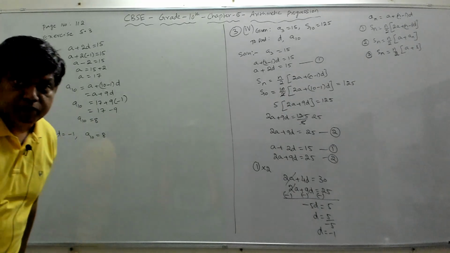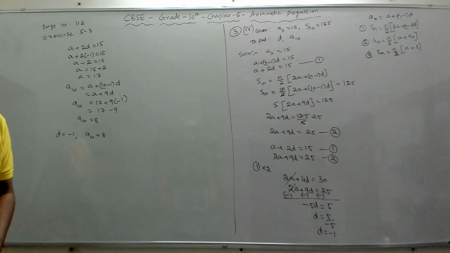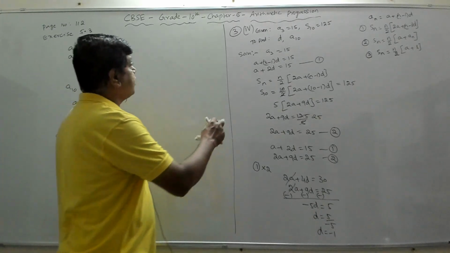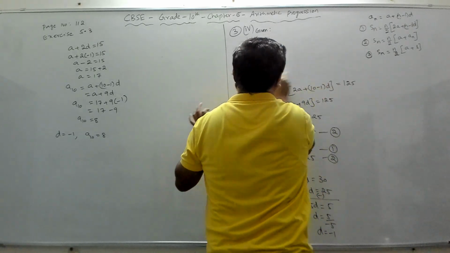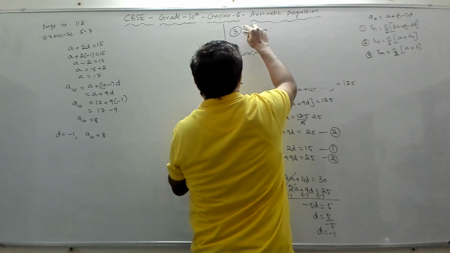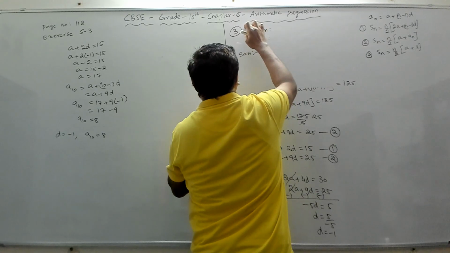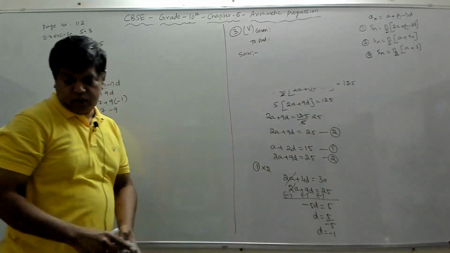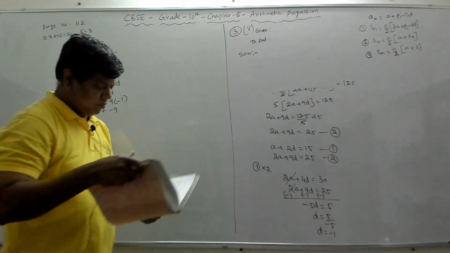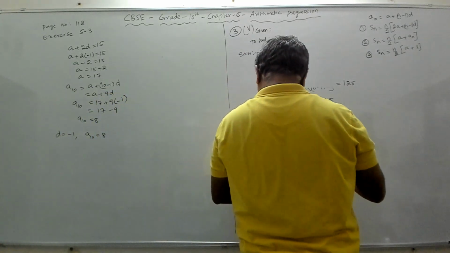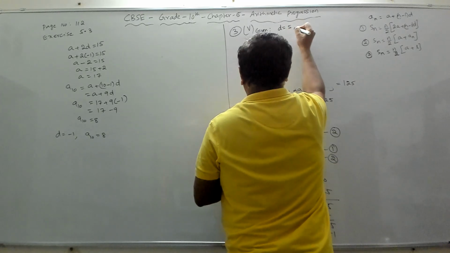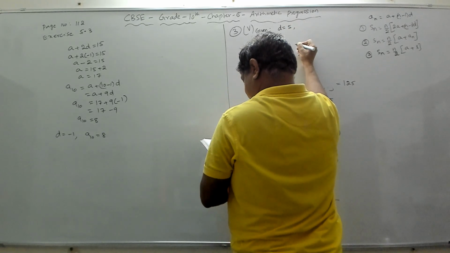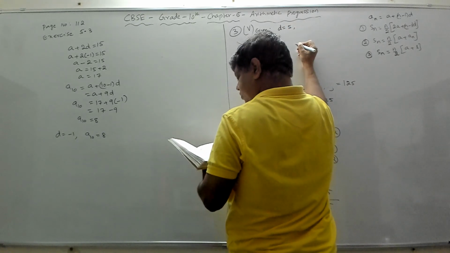I'll go to the fifth problem. I'll erase this. So this is the fifth problem. Given is D equal to 5 and S9 equal to 75.